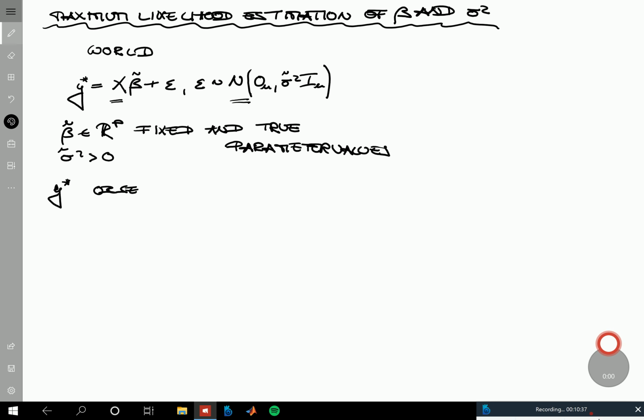The problem of science in general, and because statistics is science essentially, of course under the assumption that probability theory is a good thing, the problem then of statistics and science is that these true parameter values are unknown.